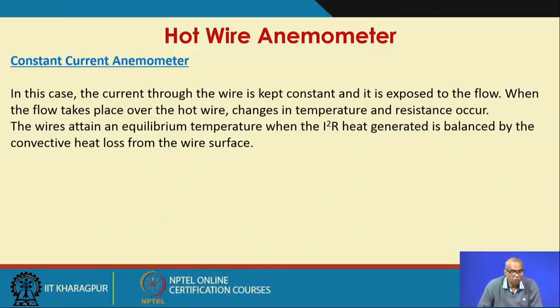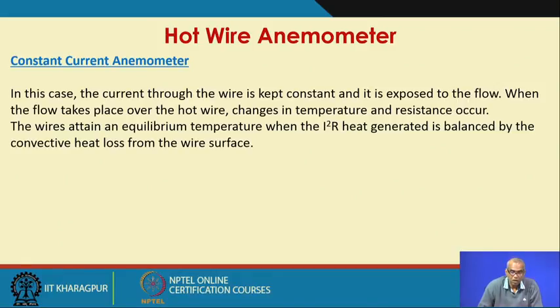So, when the flow takes place over the hot wire, there will be changes in temperature and accordingly there will be changes in resistance. The wire attains an equilibrium temperature when the I square R heat generated is balanced by the convective heat loss from the wire surface.